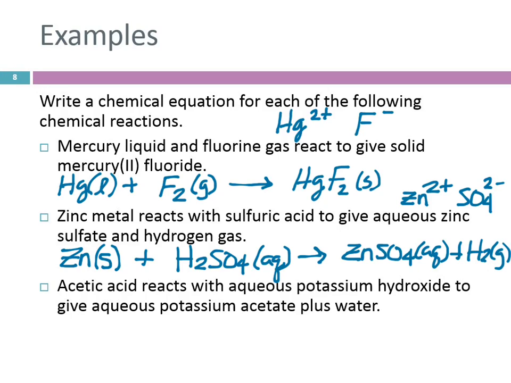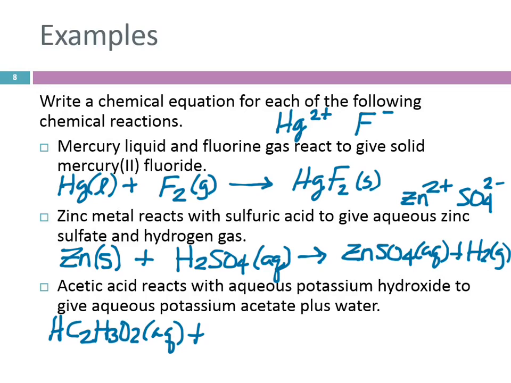Acetate is C2H3O2 with a -1 charge. You've got all of spring break to work on that. C2H3O2. So there's acetic acid, reacts with aqueous potassium hydroxide.